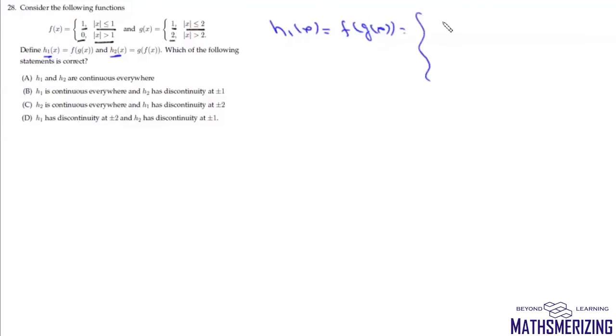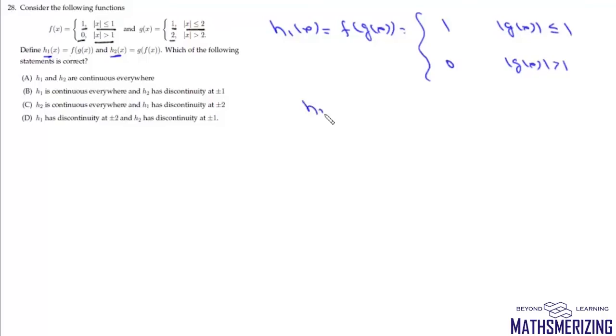We can write f of g(x) as 1 when |g(x)| is less than or equal to 1, and it is 0 when |g(x)| is greater than 1. Now looking at the value of g(x), g(x) is 1 when |x| is less than or equal to 2.